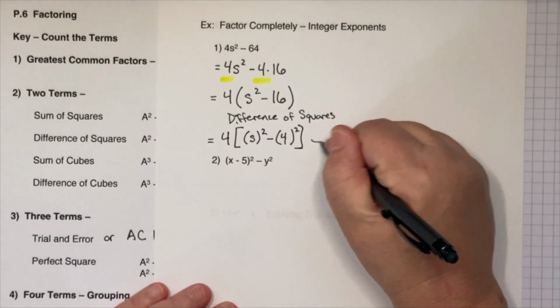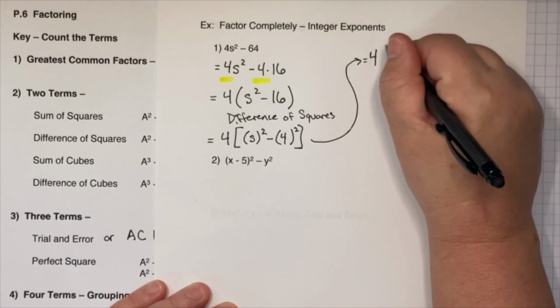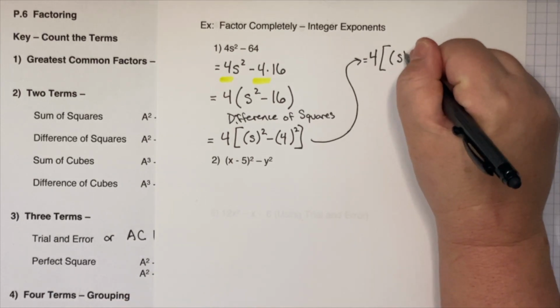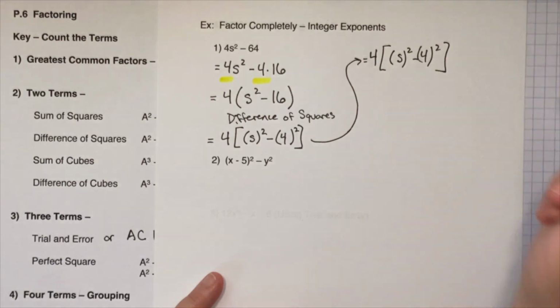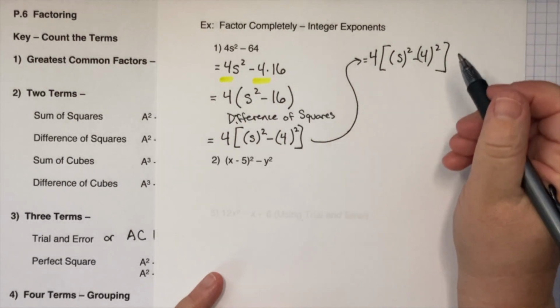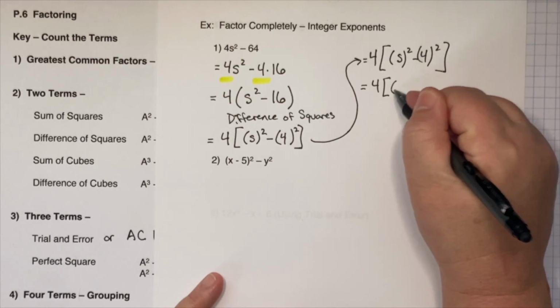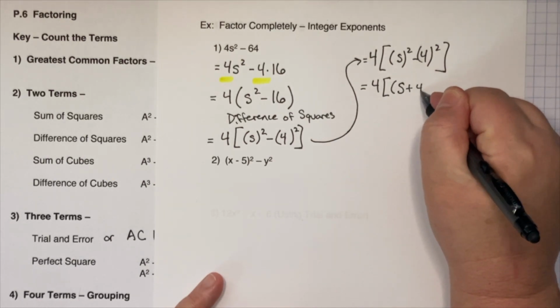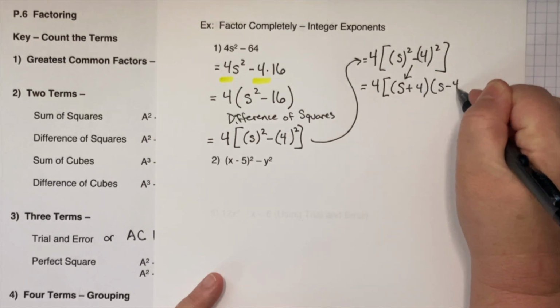Sorry about this. So I've got 4 on the outside and s squared minus 4 squared on the inside. And so that's going to follow the pattern s plus 4 and s minus 4.